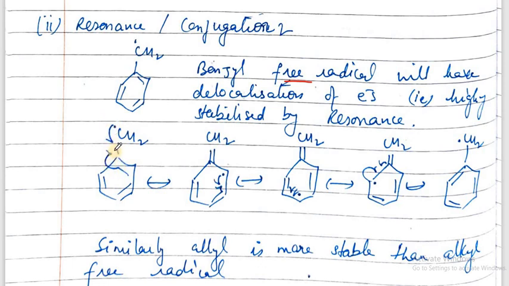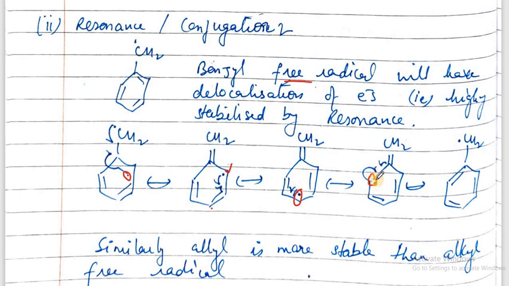Here a double bond is formed, and this electron is left on this carbon. Similarly, now this odd electron will be present on this carbon, that is this structure, and then on this carbon, that is this structure.